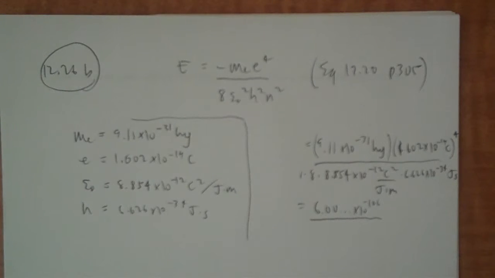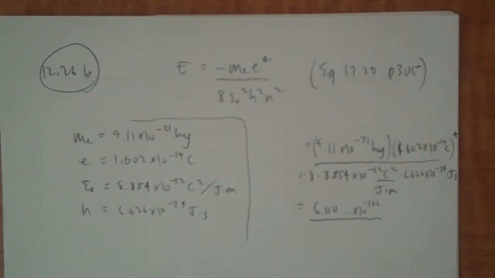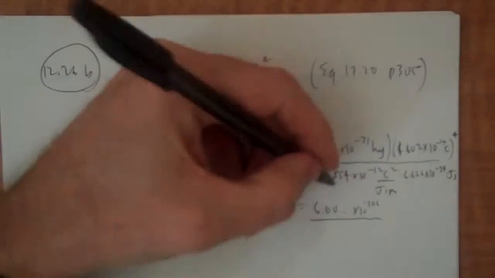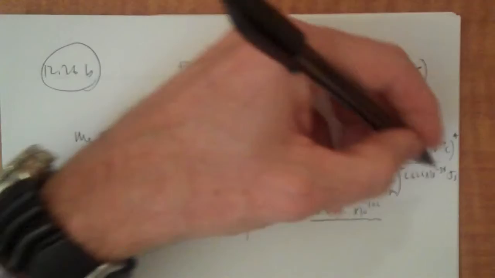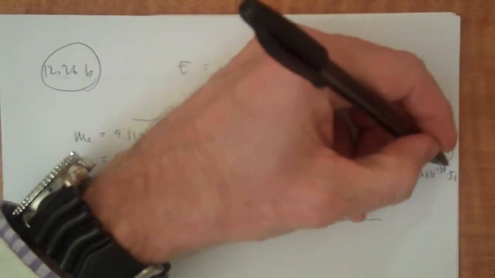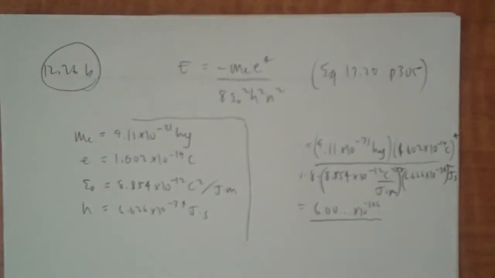8, enter, 8.854 times 10 to the minus 12. Oops, this is all squared. That's squared, and this is squared. Okay, enter. 6.626 e minus 34, enter.